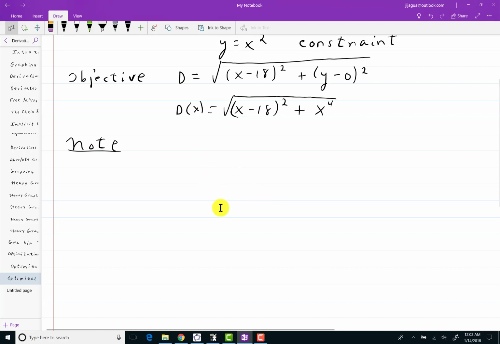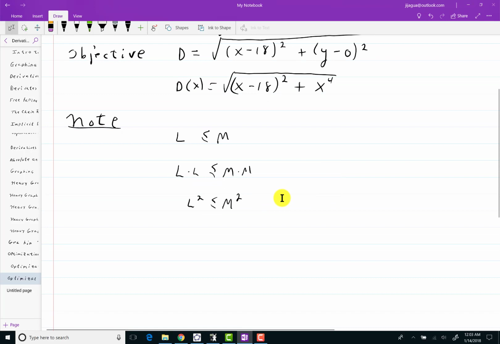So if I had, say, an inequality of this nature, L is less than or equal to M, and you knew that L and M are both positive numbers, then it shouldn't surprise you that L times L would be less than or equal to M times M. Or in other words, L squared is less than or equal to M squared. What that means is that when I square both sides, I preserve the order. The L side is still less than or equal to the M side.